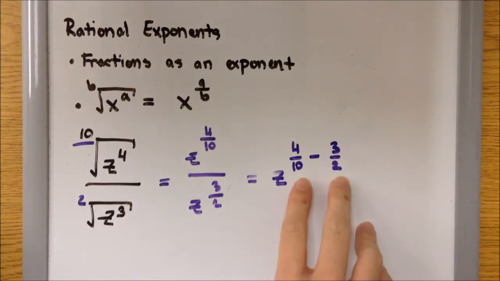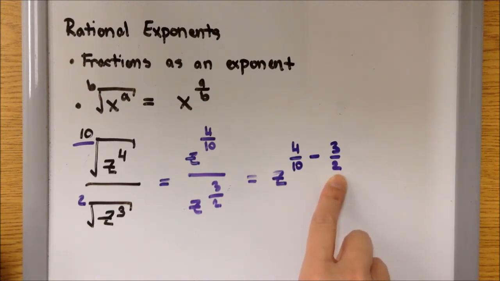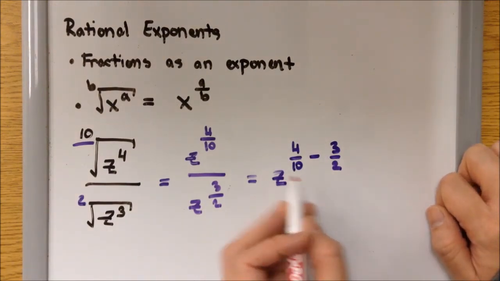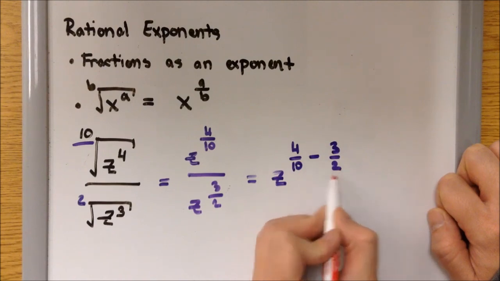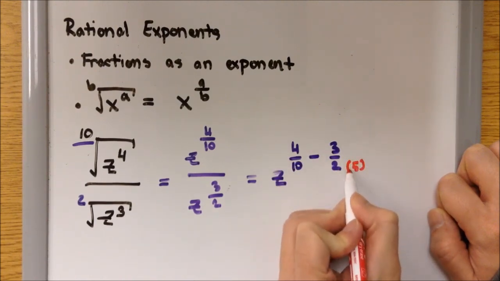So what's the common denominator between 10 and 2? Well, I would say that it would be 10, because 2 can go up to 10 by multiplying by 5, and then 10 is already 10, so I'm not going to mess with that. So when we combine denominators, we focus on what can be the same by going up. 2 can go into 10 5 times, so I'm going to multiply by 5 on the bottom.